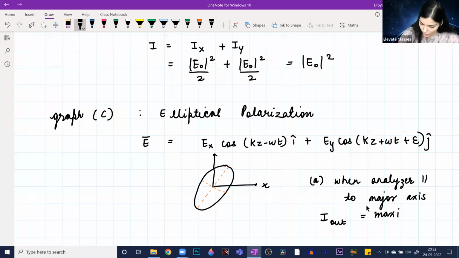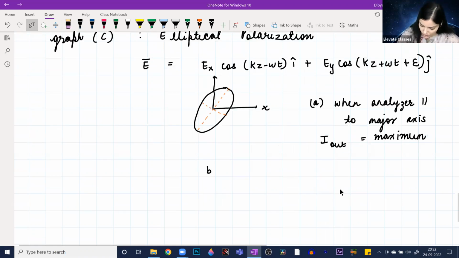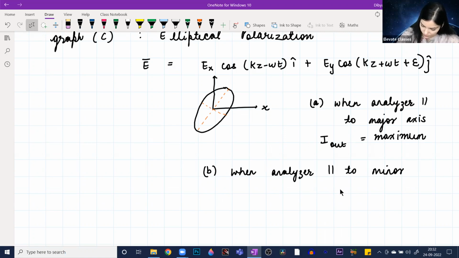What that value will be depends on the exact form of the electric field that we are considering. But in general, that is going to happen. And when the analyzer is parallel to the minor axis, my output intensity is going to be minimum.